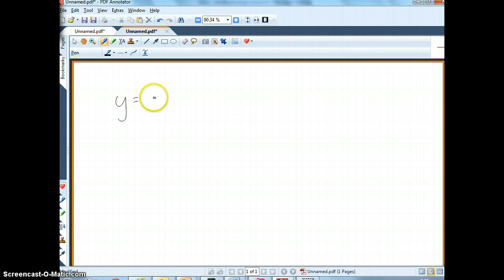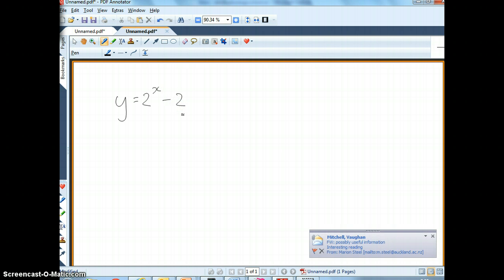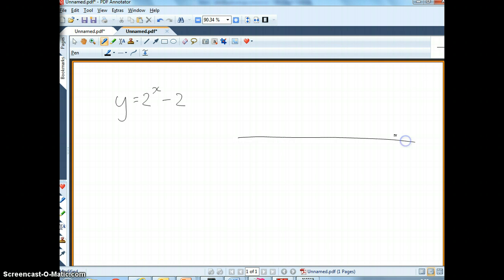y equals, we'll go back to 2 to the x, and this time we will shift the whole thing down by 2 units. Here is a grid. I would immediately go and put a dotted line at y equals minus 2, because that's going to be my new x-axis, if you like.